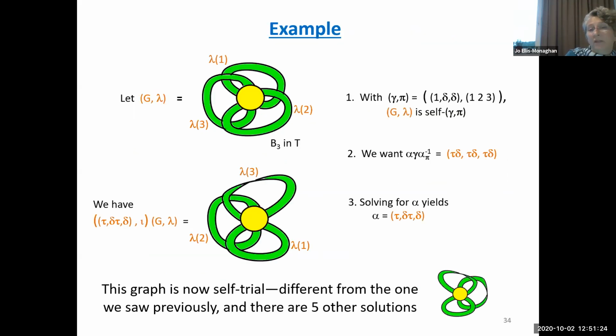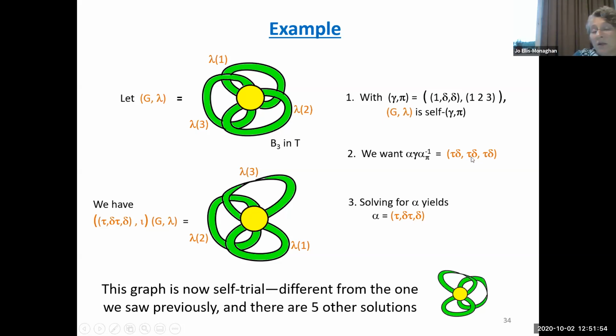So here's an example. Here's a one vertex graph, okay? This graph right here, if I don't do anything to the first edge and I take the partial dual with the second and third edges, I get this graph back again. If I want a graph that's self-trial, I want a tau delta, tau delta, tau delta.